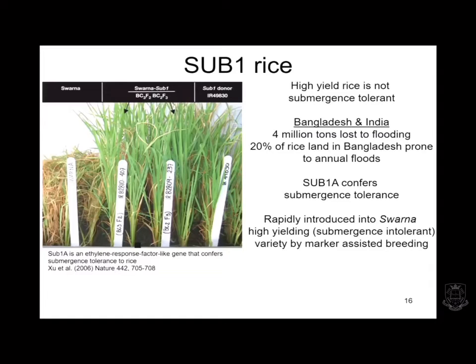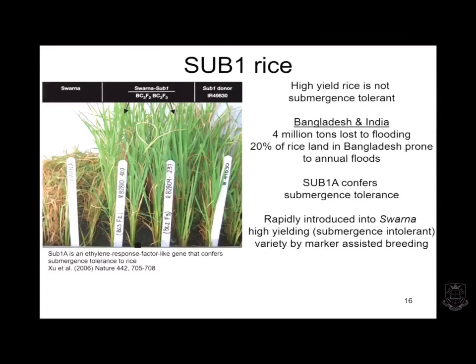And this was because the marker density wasn't very high at this point in time, so it was hard to follow this by marker-assisted breeding. As we developed our understanding of the rice genome, more markers were developed, and so actually the sub-1 line, a high-yielding variety of rice, the Swarna line, was introduced by the late 90s.